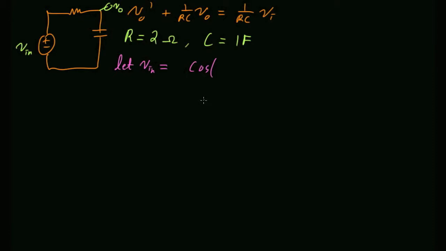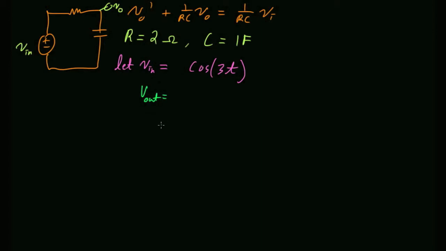Let's try 3t. Okay, I think I got it. So my input voltage is cosine 3t, my resistor and capacitor as such, and our goal is to solve for V out. Are you with me?